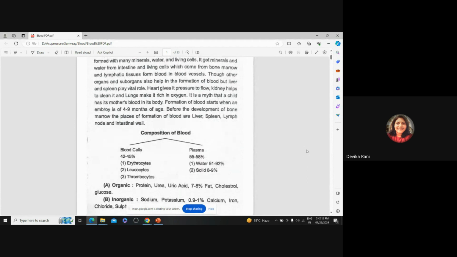If you see the composition of blood, it has 42 to 45% blood cells, and plasma is 55 to 58%. What does this plasma consist of? It is 91 to 92% water, and solids are 8 to 9%. And of course, there are blood cells. We'll come back to this again.